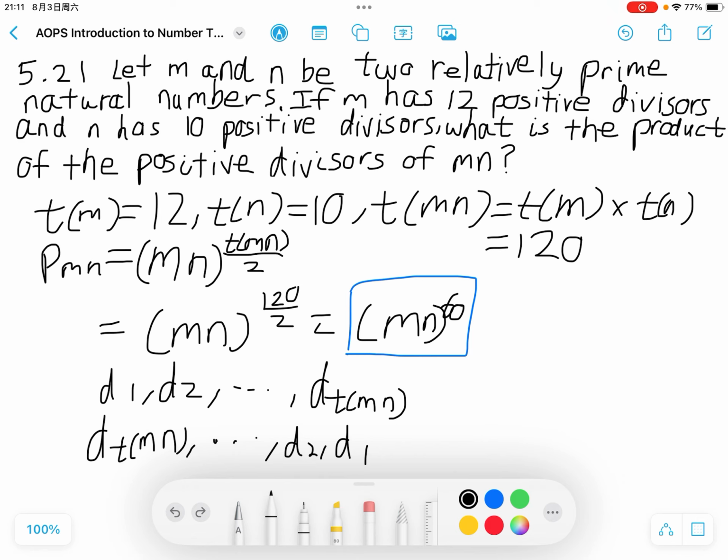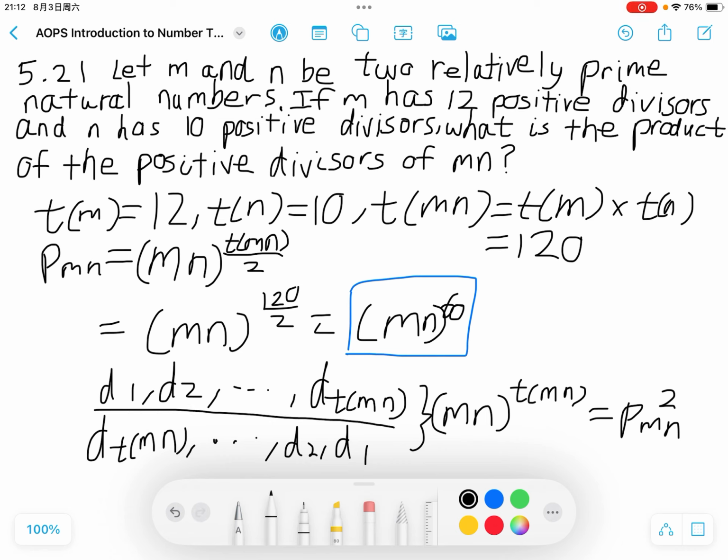So if we multiply these two together in order, we have mn to the power of T(mn), because there are T(mn) pairs. However, that is actually twice, so that is equal to P(mn) squared. This is because we only want the product of the divisors of mn once.